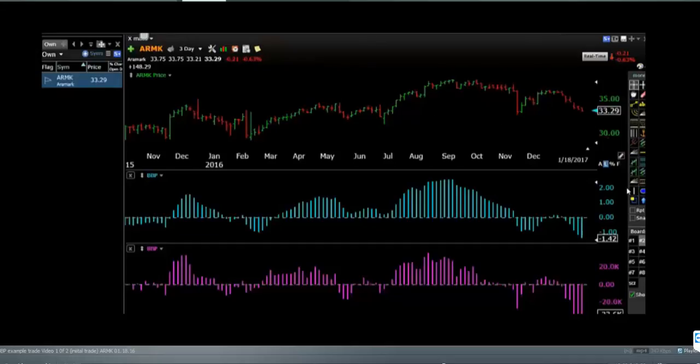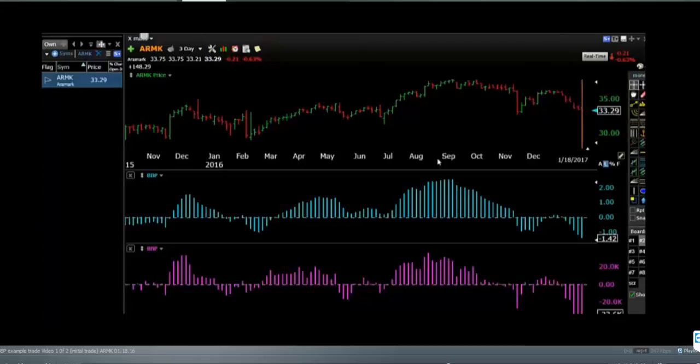Then I'm going to put a vertical line on the day I entered the trade. I designate orange as the color for the day I entered the trade.